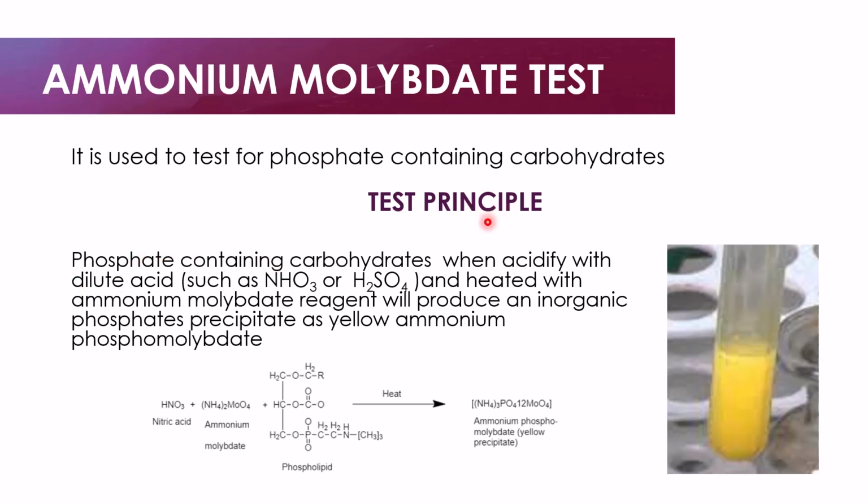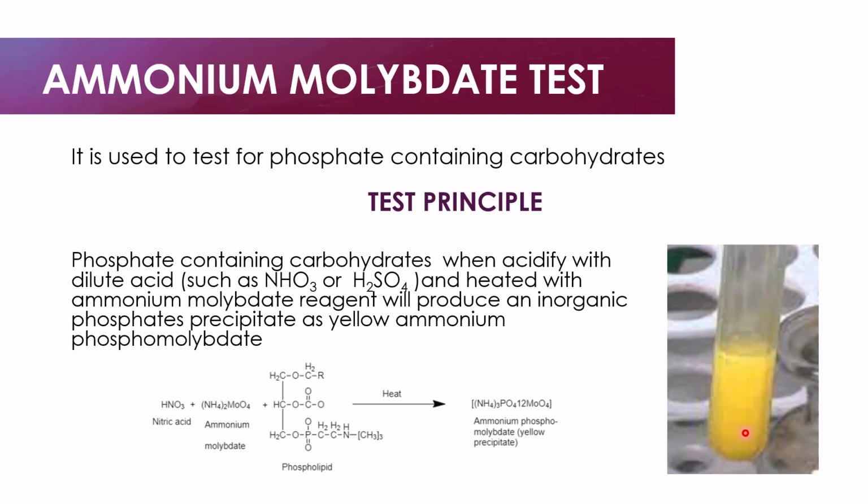Phosphate-containing carbohydrates, when acidified with a dilute acid such as dilute nitric acid or sulfuric acid and heated with ammonium molybdate reagent, will produce an inorganic phosphate precipitate as a yellow ammonium phosphomolybdate.